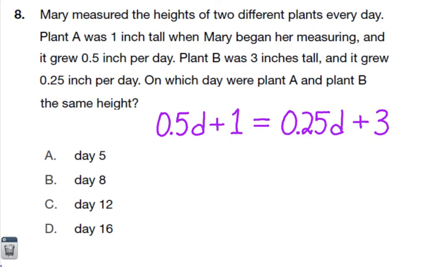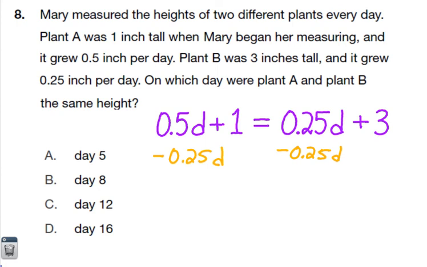But you could also make an equation for each plant and set them equal to each other, to get to the correct answer and basically solve for D. Plant A's height is always going to be 0.5 times the number of days plus 1.